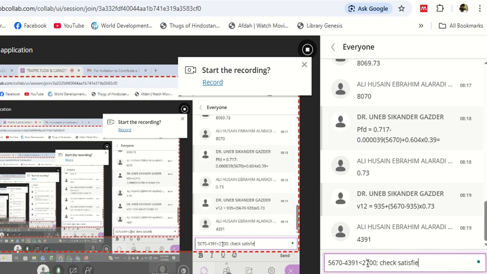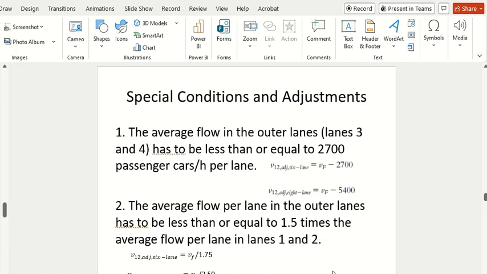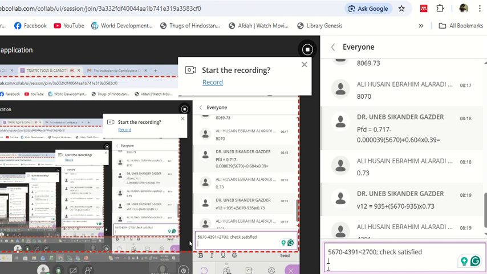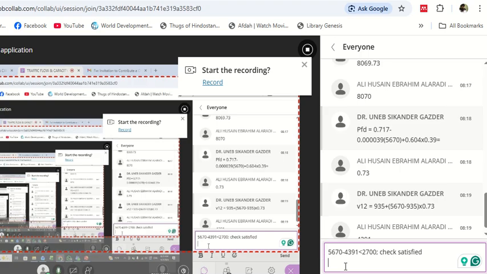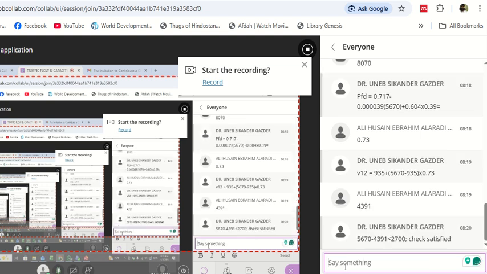The first one is satisfied. The second check is the average flow in the outer lane, which is whatever value you have from here, should be less than or equal to 1.5 times the average flow in the other lanes. So how much is this difference?